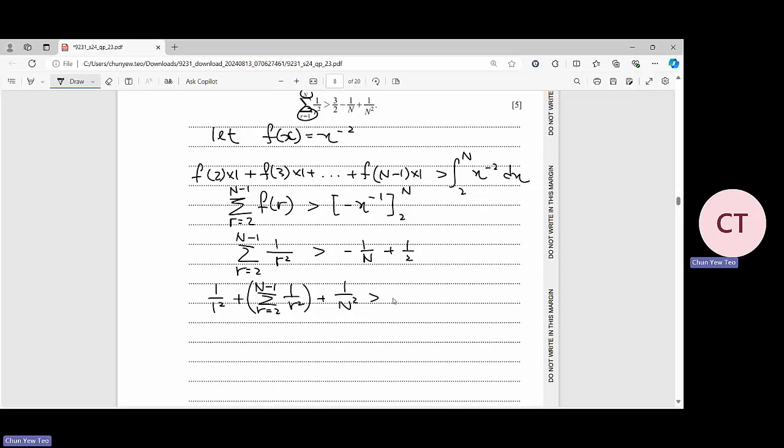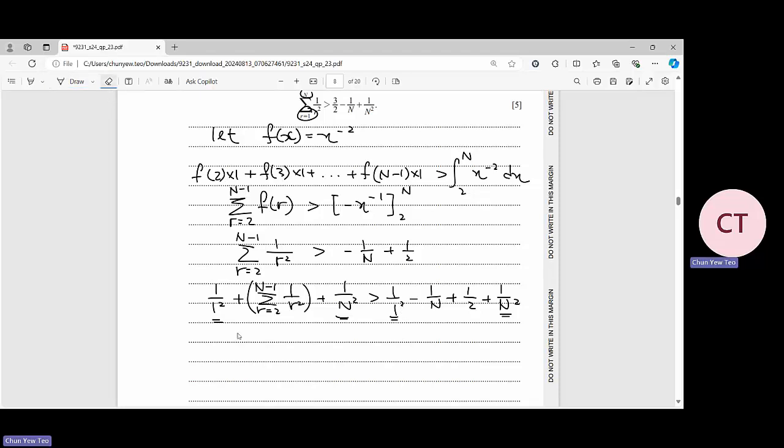But when you add these two terms inside here, your right hand side must also add the same term, so that the inequality still remains.